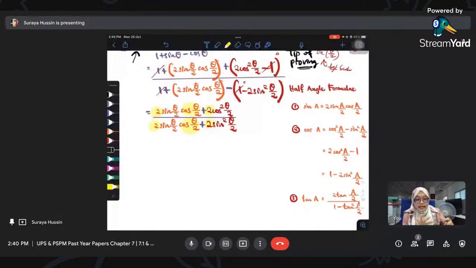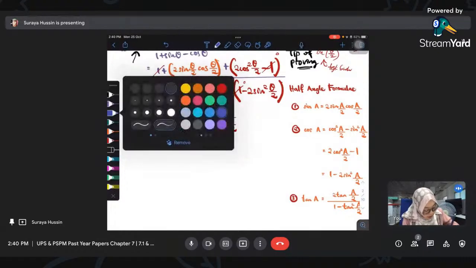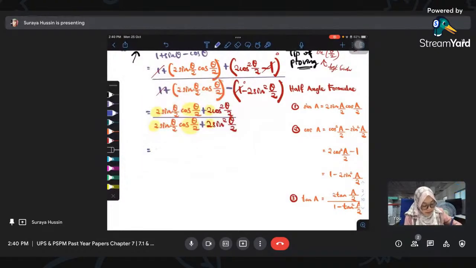Therefore, you perlu apply konsep matematik, iaitu factorize it. Factor out 2 and cos theta over 2. Factor it out, you akan dapat inside no more 2.